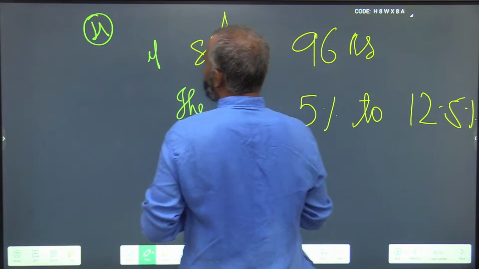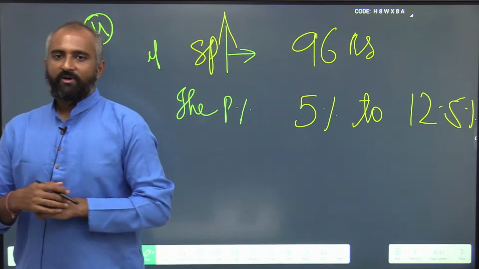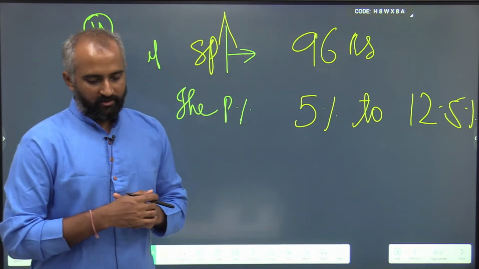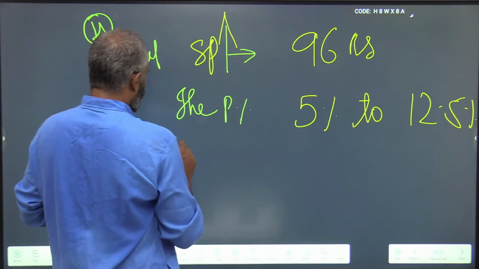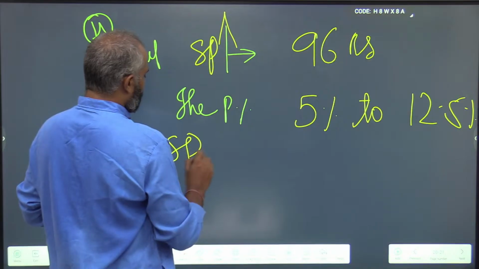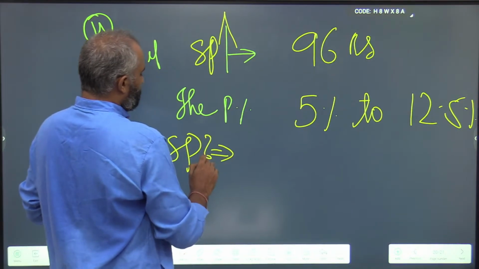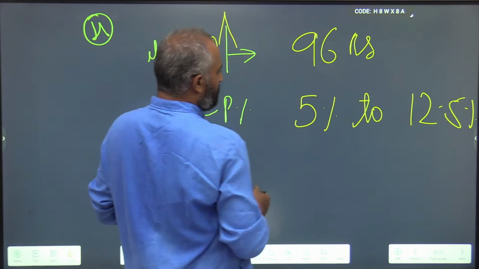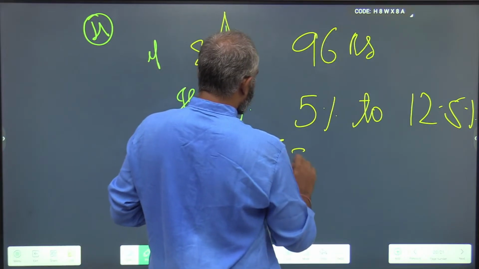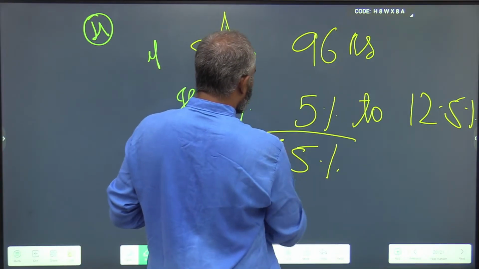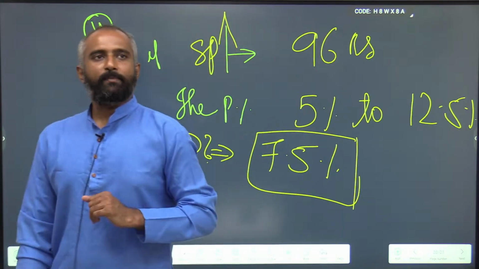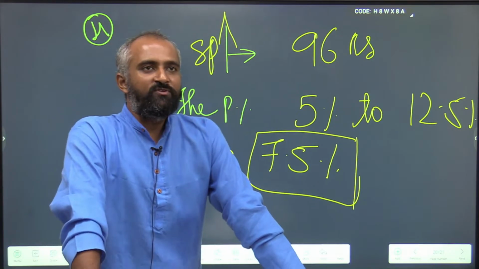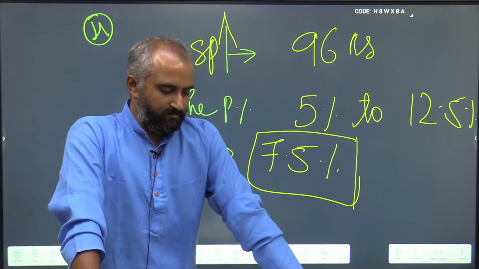Now, what should be the selling price to gain a profit of 7.5%?